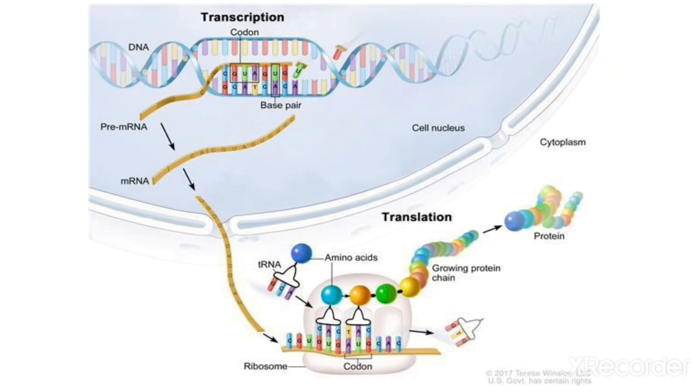That premature messenger RNA will be spliced, and then the messenger RNA will be formed. Splicing occurs to remove introns and to join exons. As we know, introns are the non-coding sequences of the gene, while exons are the protein coding sequences present in the messenger RNA. So now messenger RNA leaves the nucleus and goes to the cytoplasm.